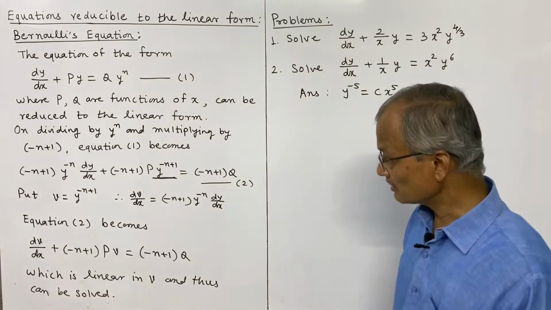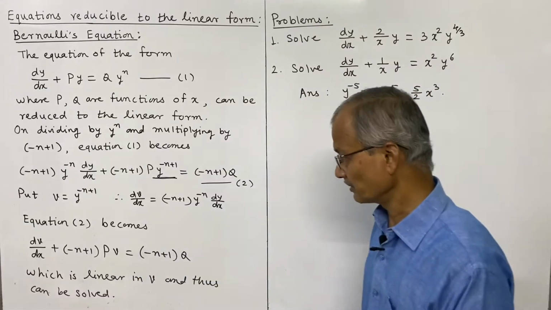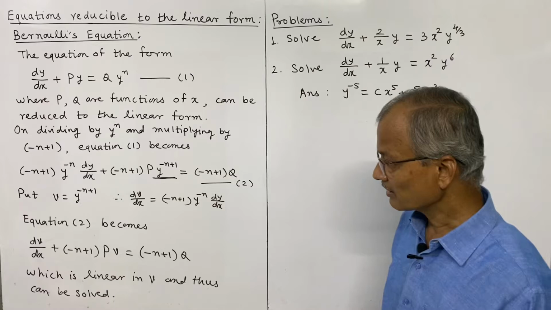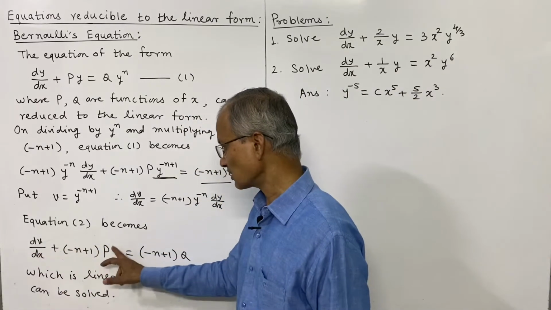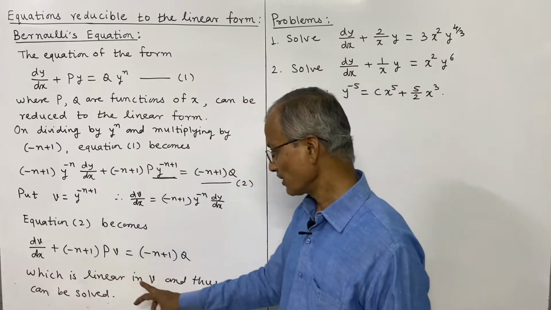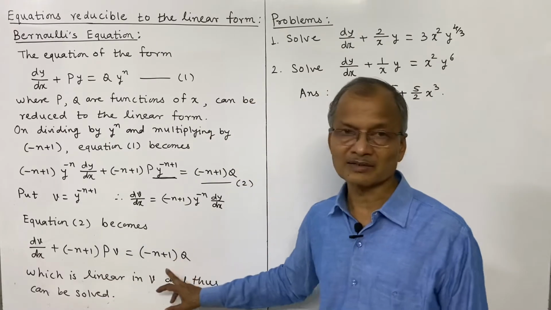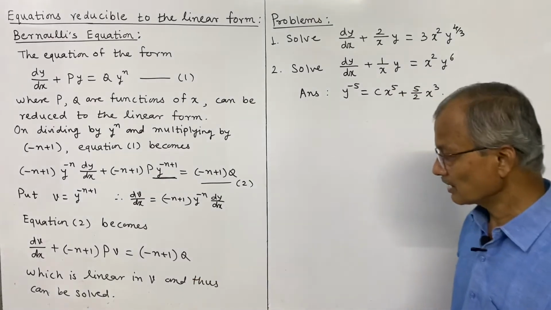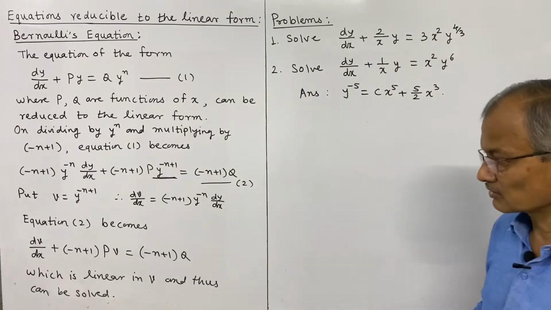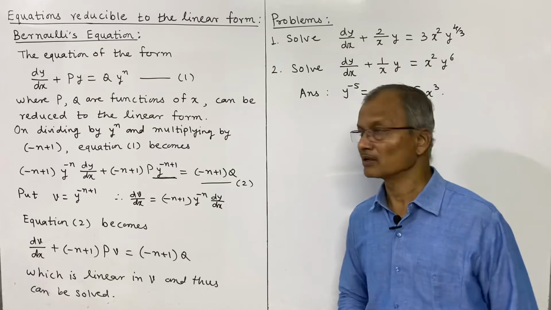Now you see, this is a linear equation in v. In place of y, here is v: dv/dx + (-n + 1) P v = (-n + 1) Q. So this is a linear equation in v, and we can solve it by our earlier method.